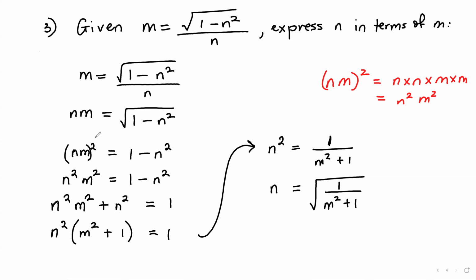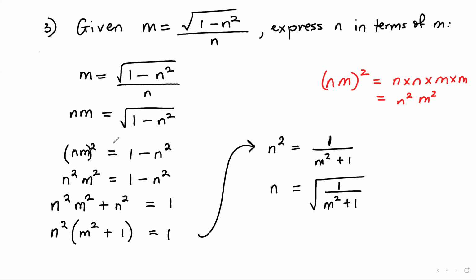The next step, I want to get rid of the square root, right? Because I still have n inside of that square root. So I need to get rid of that square root to access n. To get rid of the square root, you have to square the other side. Well, actually, you're squaring both sides of the equation, right?